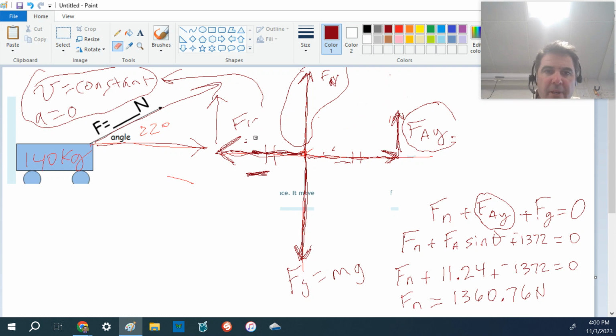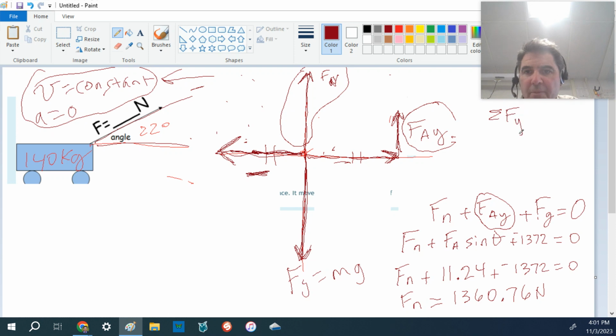And we don't even care about FK in this case. All we're looking at here is the vertical, right? So the sum of the vertical forces, or the sum of the force in the y direction, has to be 0, which means this plus this have to cancel out.